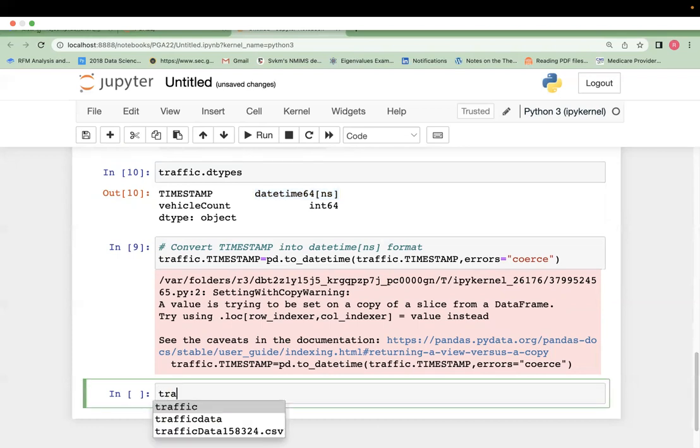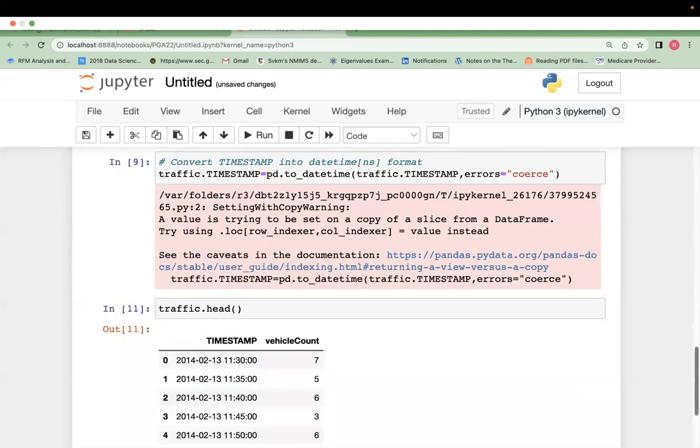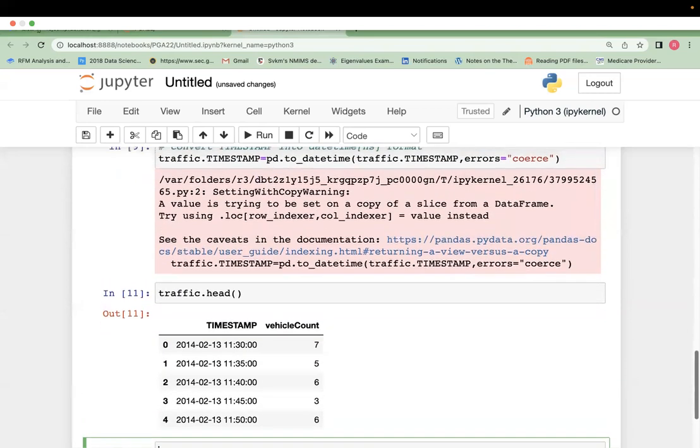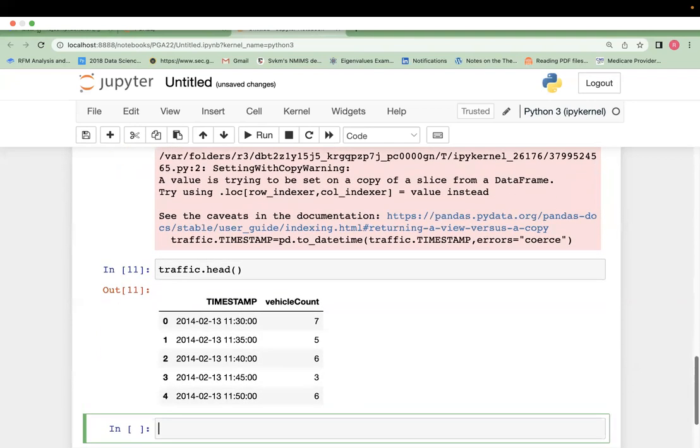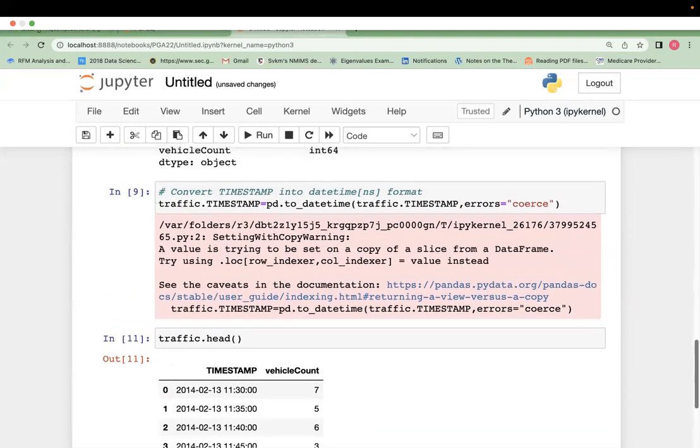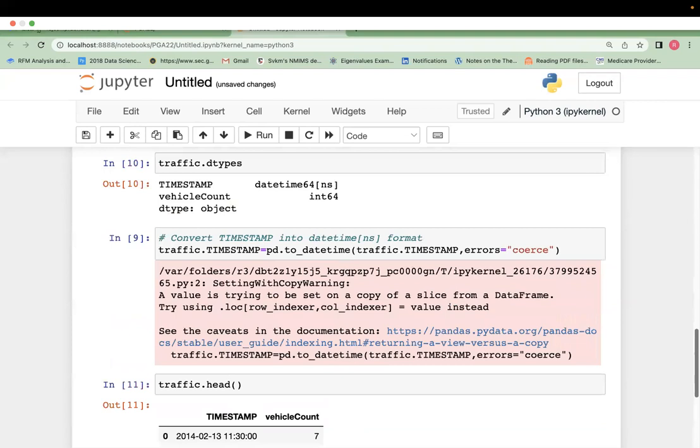Now let us see what happened. Traffic dot head. Now the datetime has been corrected. Now we have the date with time.